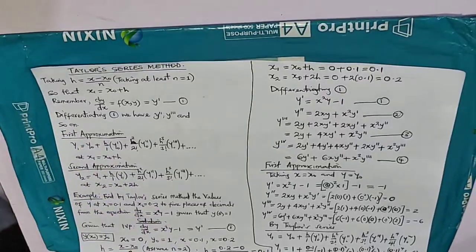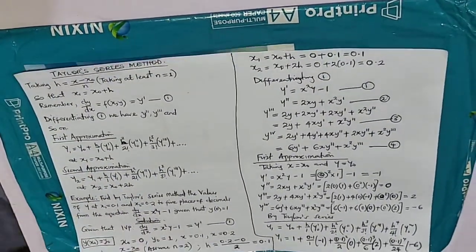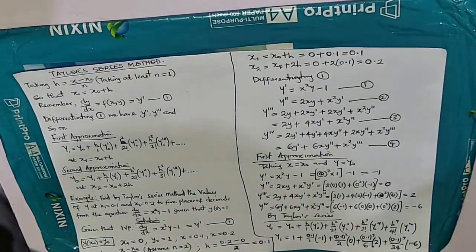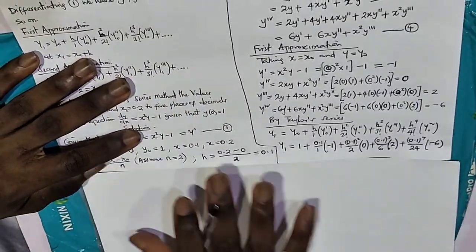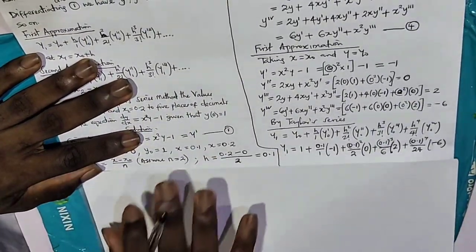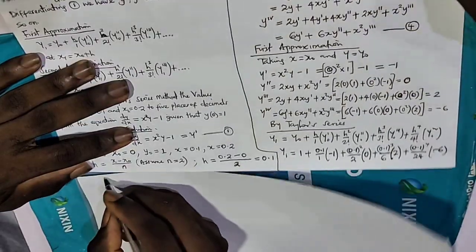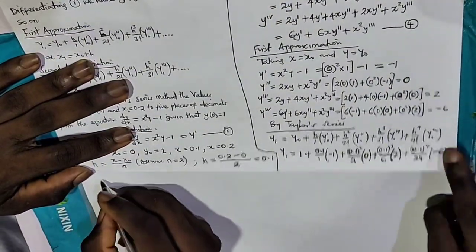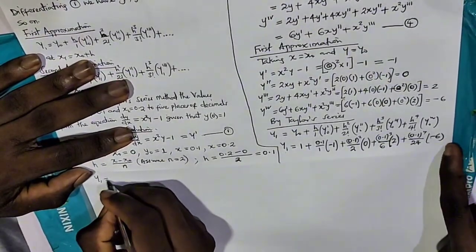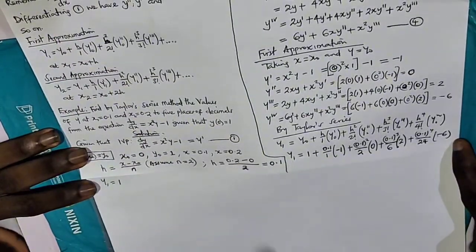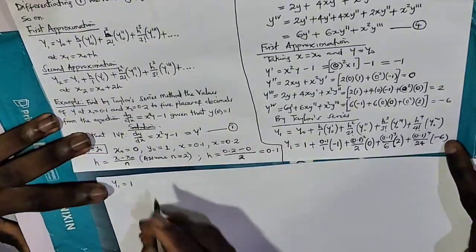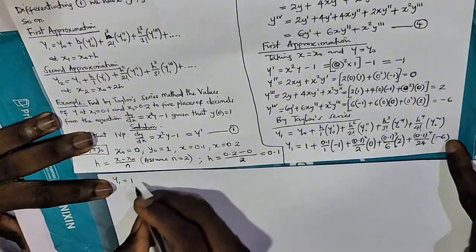Moving further, we can now say that our y1 is equal to 1 plus 0.1 divided by 1, which gives 0.1, into minus 1. I believe you can all see what I'm writing.